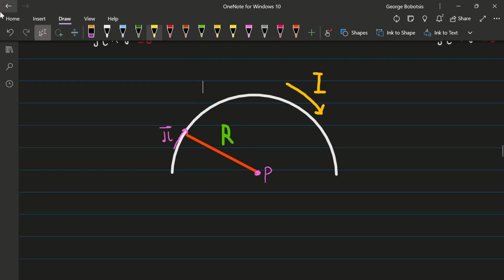Seems like it's exactly the radius, isn't it? Convenient, right? This is the R vector. And as we do the integral across the semicircle, I want to emphasize that this R vector does not change in size. As we integrate the dL throughout the semicircle, it's always R.